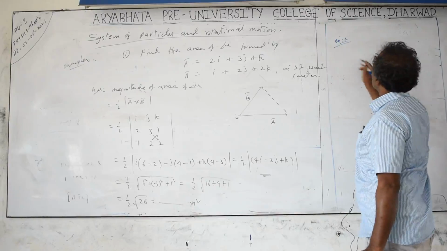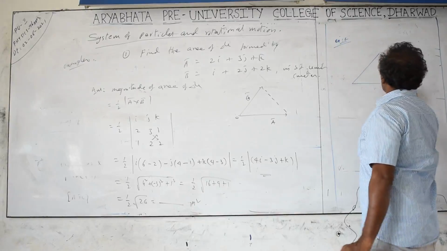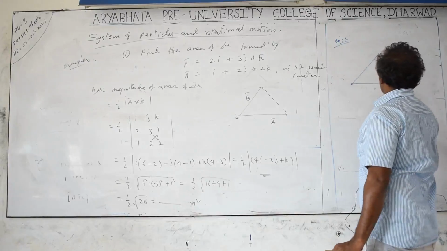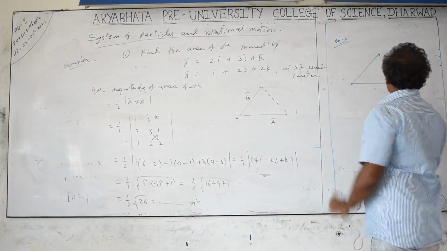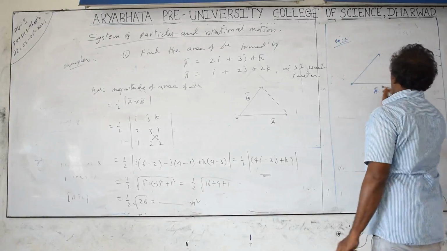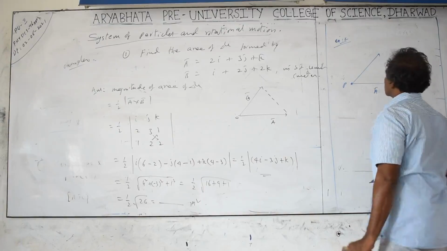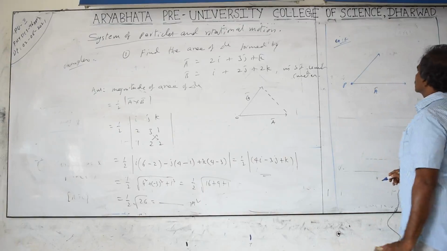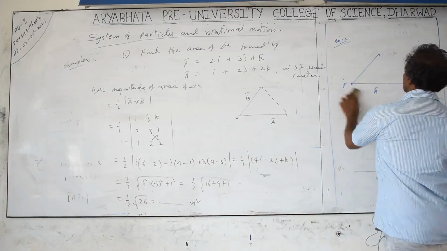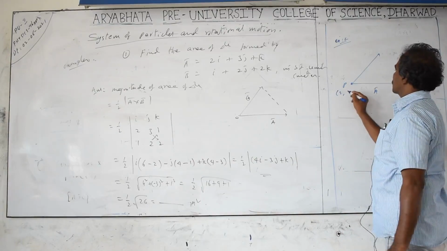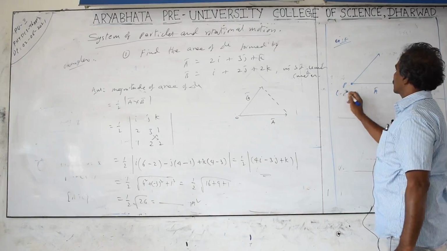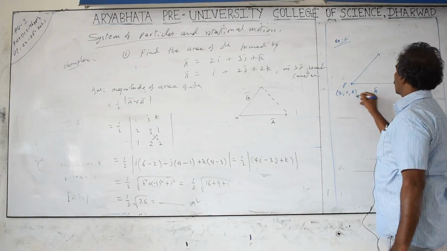You can also take example 2. Only a hint I will give for this. You may be given the coordinates of the vector A points. This is a vector B. Here the point P I will take. Coordinates 2, 0, 4.